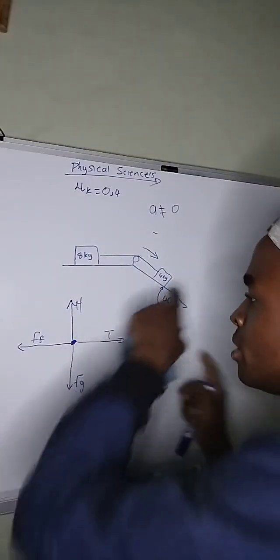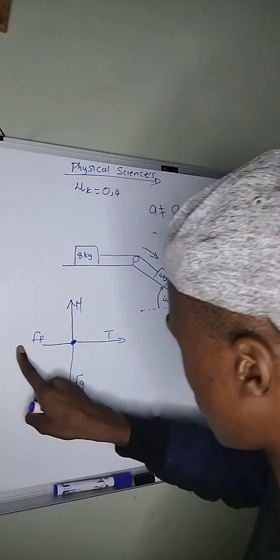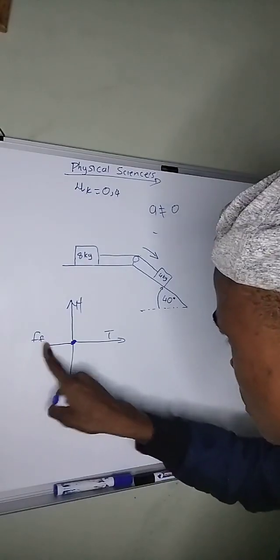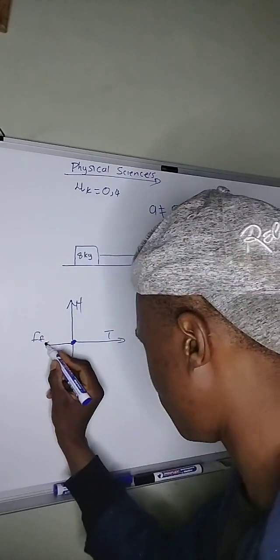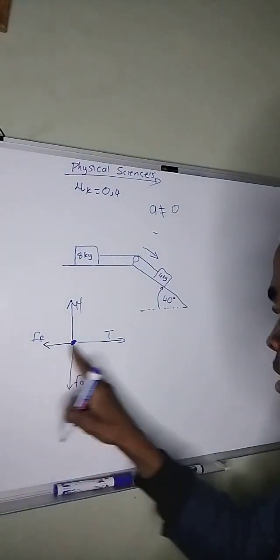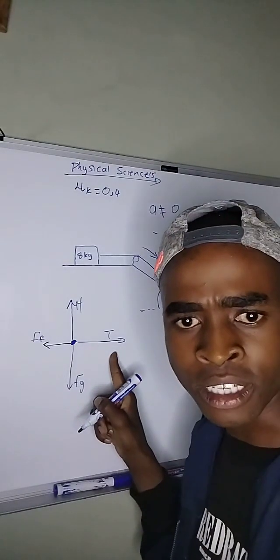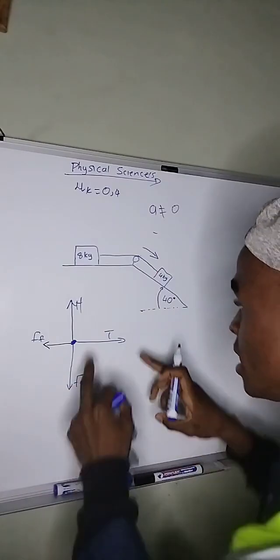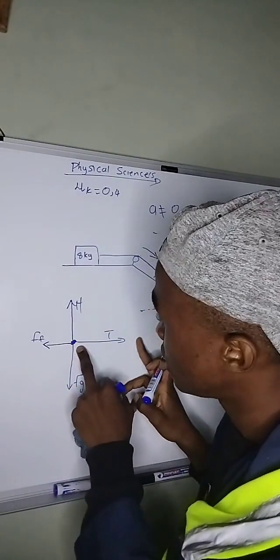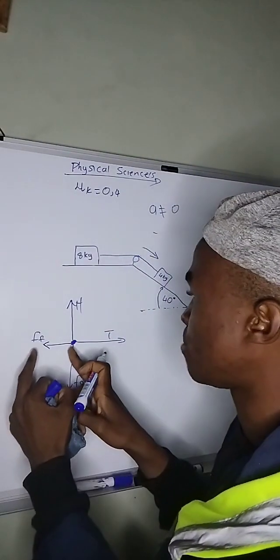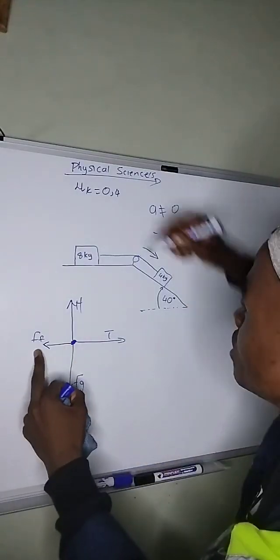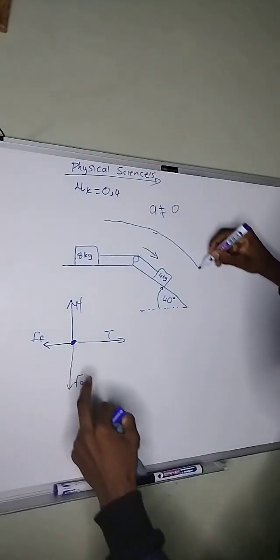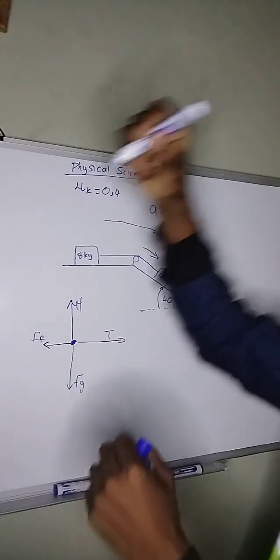So we have to have this friction a bit shorter than this tension, because the magnitude of tension has to be longer than the magnitude of friction, since this system is accelerating in that direction.